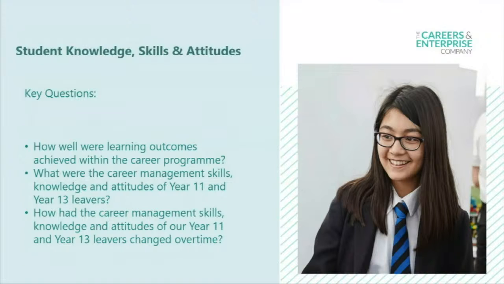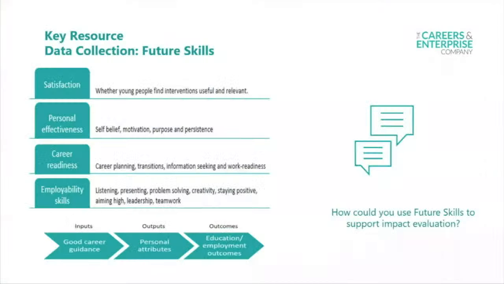In terms of the future, the student knowledge, skills and attitudes, if you haven't yet seen the Future Skills survey, it is on the Careers and Enterprise Company website. We'll put the Future Skills link in the chat, but it's also in the resource tab. But you may want to consider how to use this tool to collect that data on student knowledge, skills and attitudes.